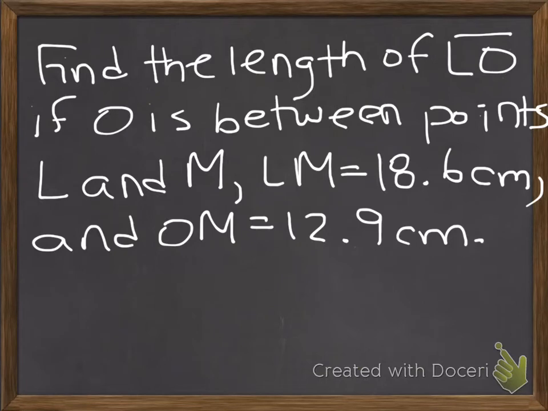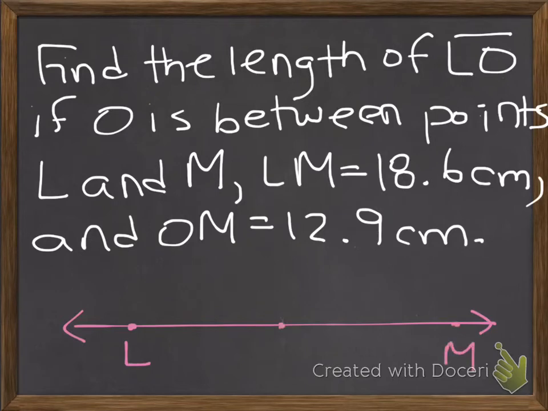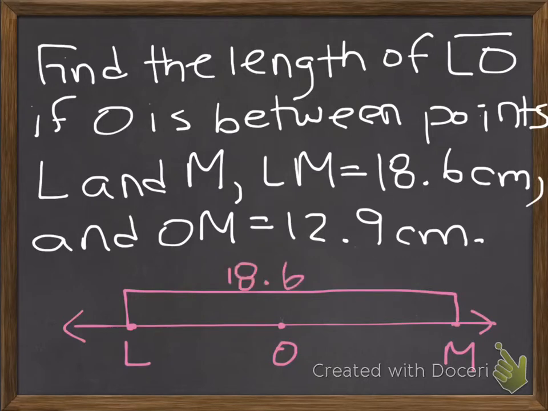This one I would suggest to draw. So if we draw this out, we have the length of LO. If O is between L and M, so L and M, O is in between. We need to find LO. It gives us LM is 18.6, and it gives us OM is 12.9.